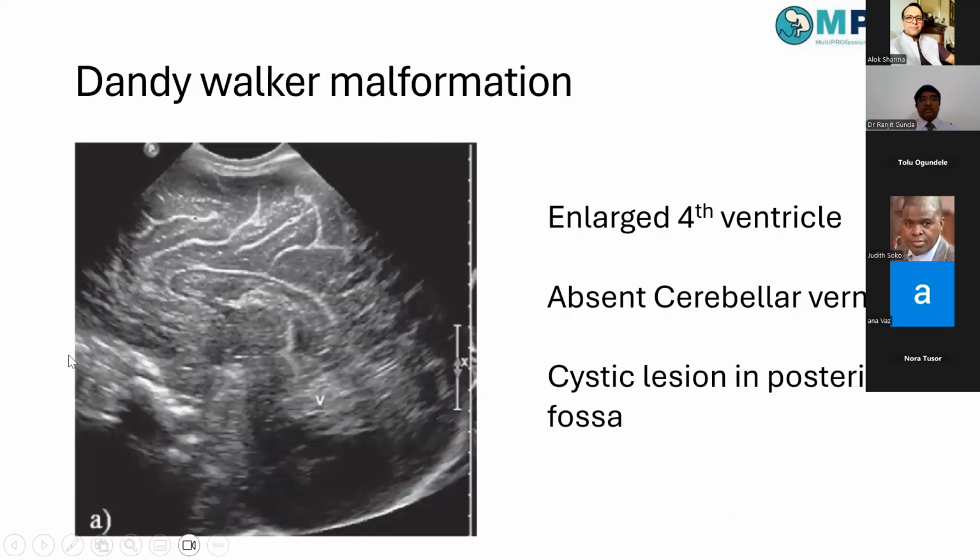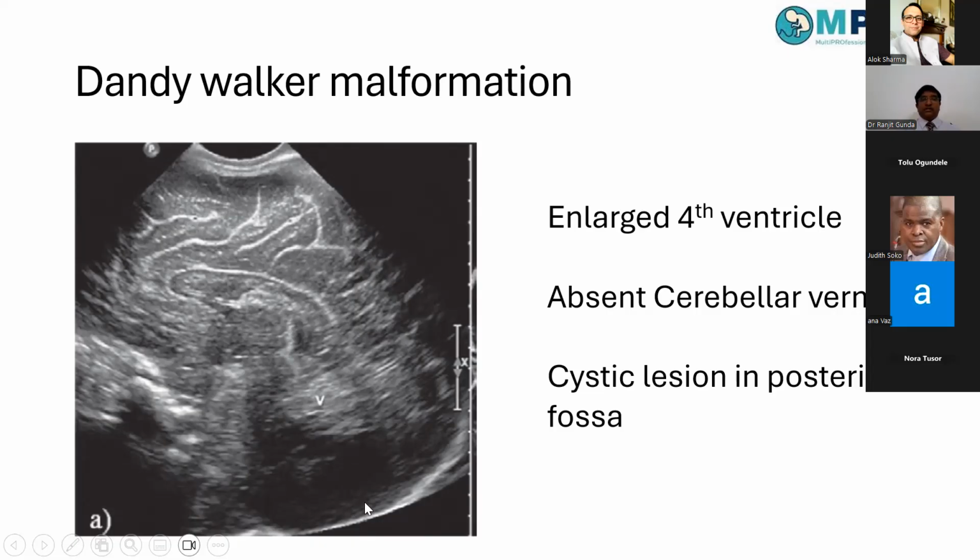Here in the midline sagittal view, we have the fourth ventricle, which is bigger, dilated. Cerebellum is partially absent, only a little part you can see. And there's a space here in the posterior fossa, which might be a cyst. But there's a big cystic lesion here with enlarged fourth ventricle and absent cerebellar vermis, which is a typical triad for the Dandy-Walker malformation.